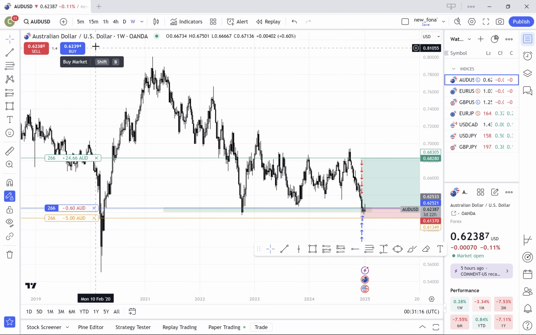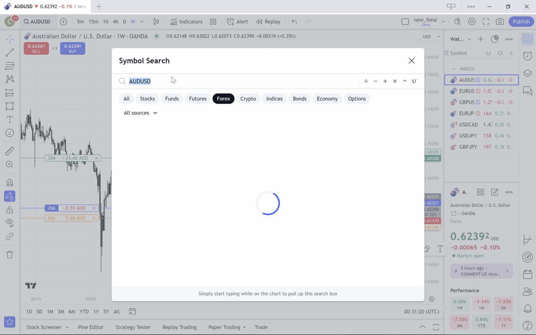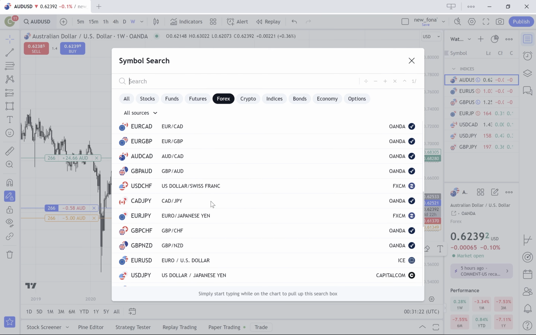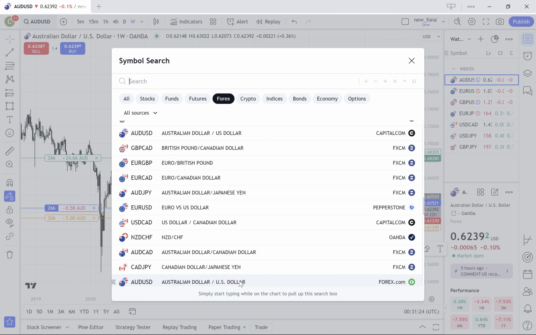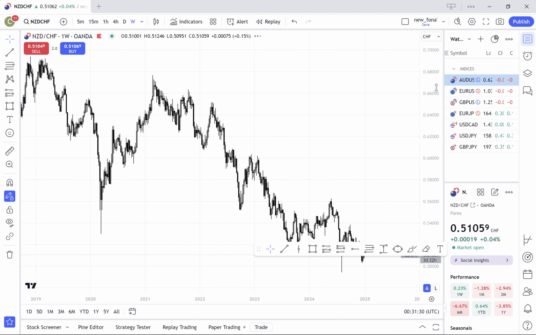Okay, so what I want to do is add another chart. So let's actually go into Forex here. Let's see a few things which we might not have added yet. So let's see NZD.